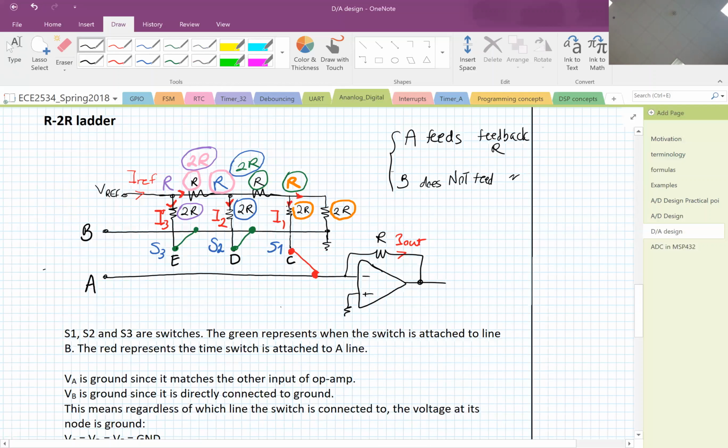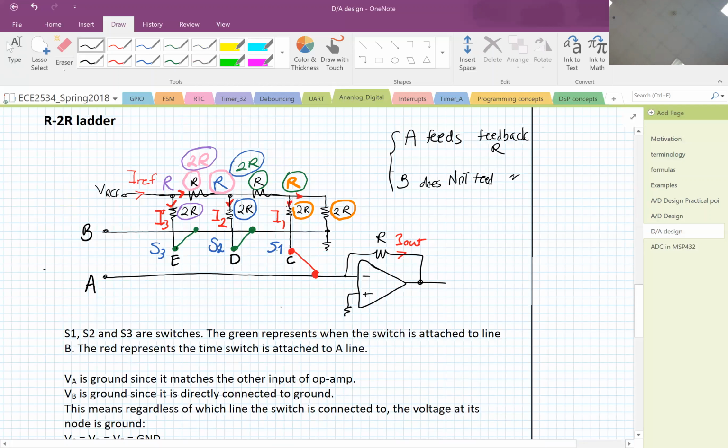Why? Because I have a bunch of switches. You can imagine them in the middle, and if I have a logic 1 corresponding to that switch, it will connect to the rail that feeds the feedback resistor.